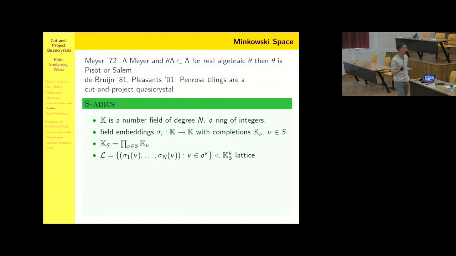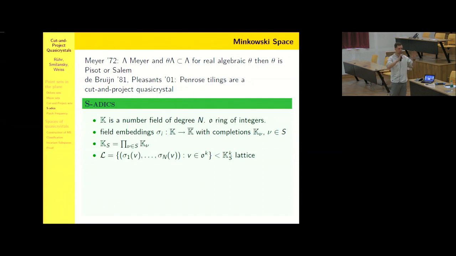Using his embedding theorem, he proved that there are very strong restrictions on what theta can be: it is either Pisot or Salem. Then about 10 years later, more or less unaware of Meyer's work, de Bruijn showed that the Penrose tiling I showed you in the beginning of the talk is a cut and project quasicrystal.